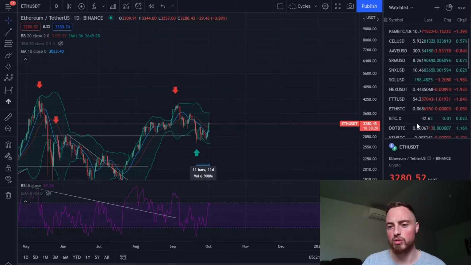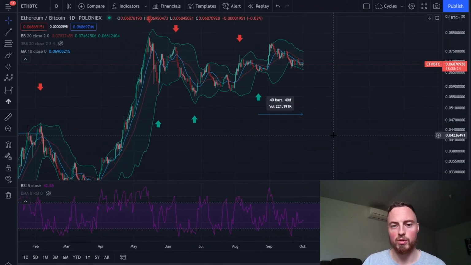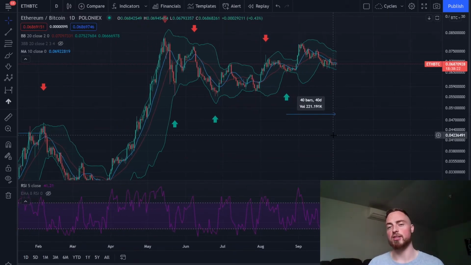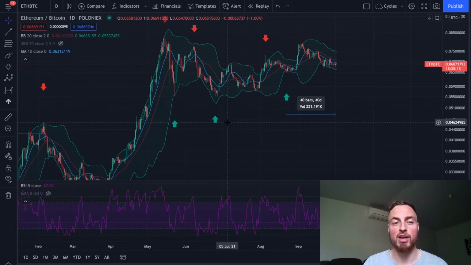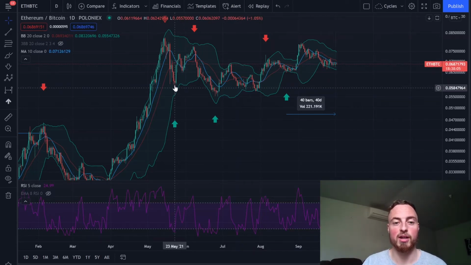Going down into the ETH Bitcoin chart we're on now, I think this is more subjective and it's less reliable. Again, a 60-day cycle. You can see that the substantial low probably took out a low there, made a higher low here, and then took that out.